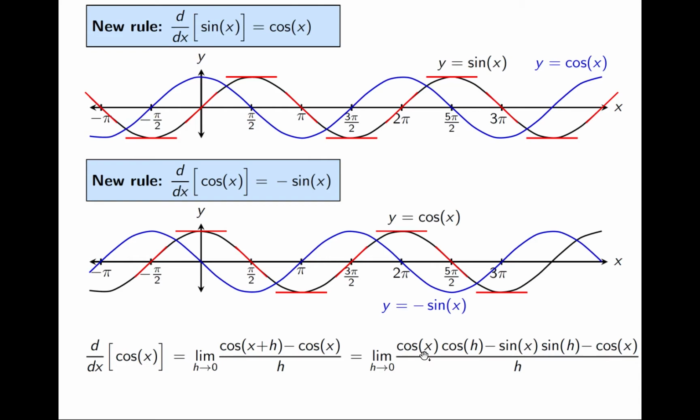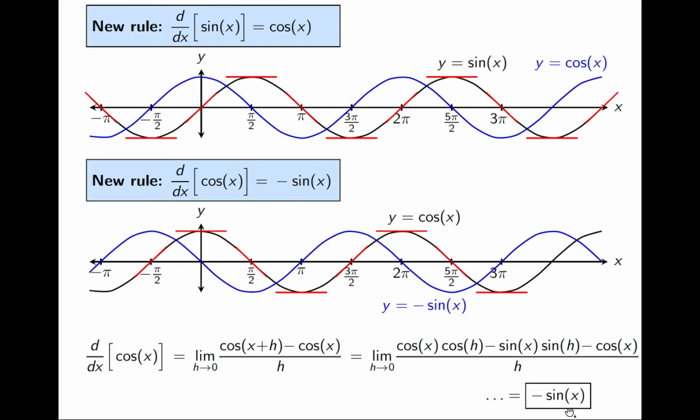And also here you have cosine x, cosine h, minus cosine x. Factor out a cosine x from those terms, you get cosine x times cosine h minus 1 over h. All of that turns to 0 in the limit if you reach into our toolbox and take out the appropriate limits. So I'll skip the details of that, and you can check that yourself.